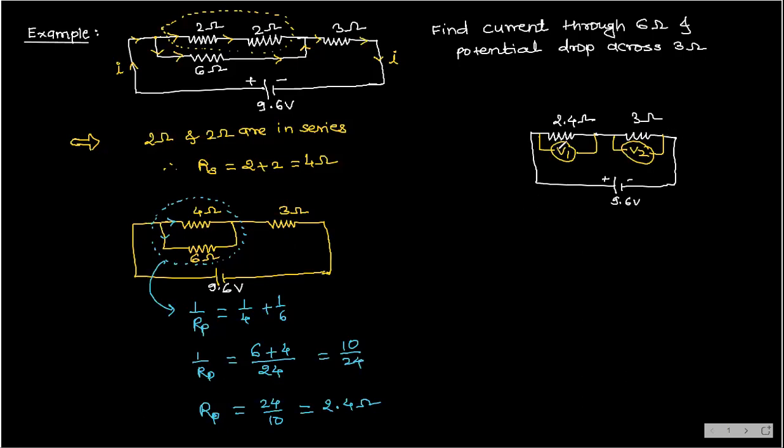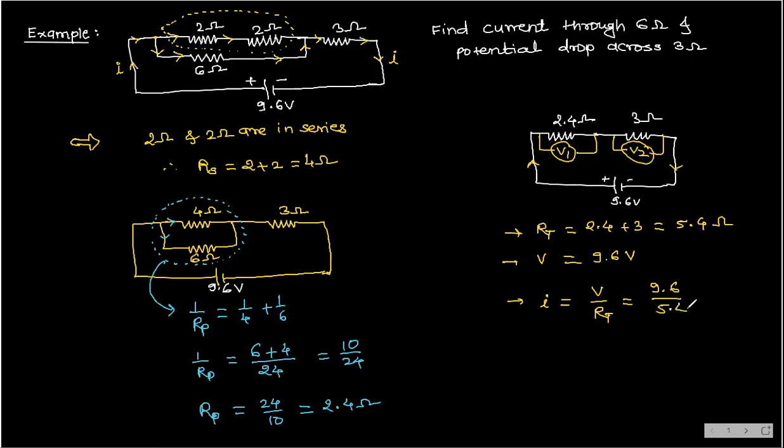Now listen carefully. First I should calculate the current, otherwise I cannot calculate V1 and V2. For that, the total resistance RT of the circuit is equal to 2.4 plus 3, which is 5.4. And the supplied potential is given, 9.6 volt. So the total current through the circuit is V by RT. V is 9.6 and this is 5.4.